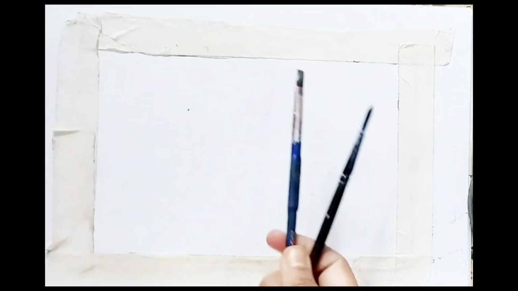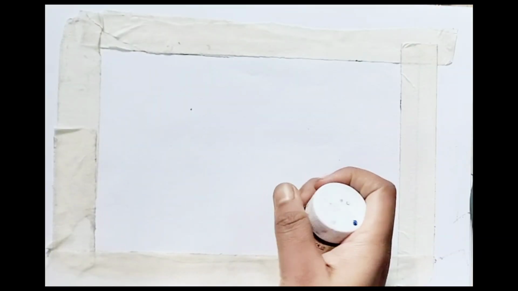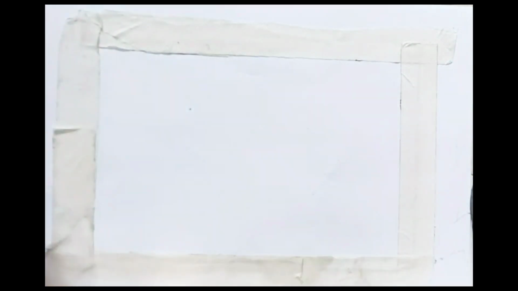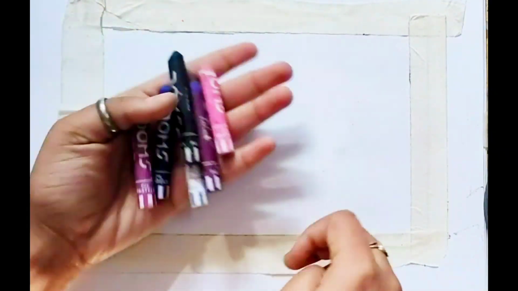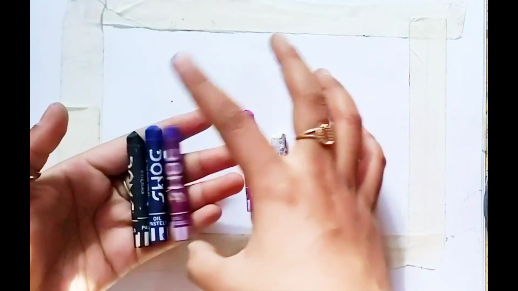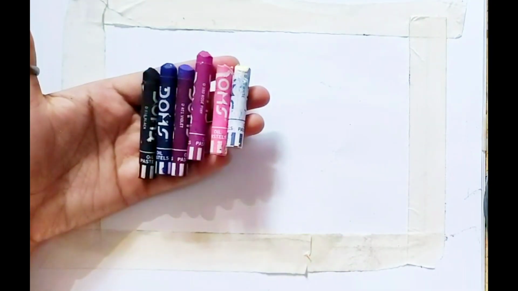For today I will take some paint colors, that is, black acrylic paint, and then we have to use oil pastels. We will use some brush, whitener, and pencil. Here I have taken some shades of Dom's colors, like violet, light purple, pink, rose pink, and white. I have taken only these colors.